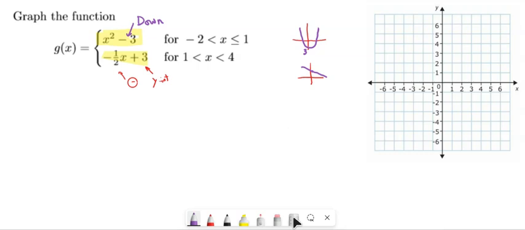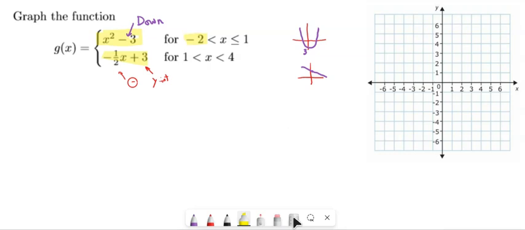right? So now for the piecewise functions, we're going to use only portions of these functions, and what we need to know is what is the beginning of this function and what is the end of this function. And for this we're going to use the boundaries over here.